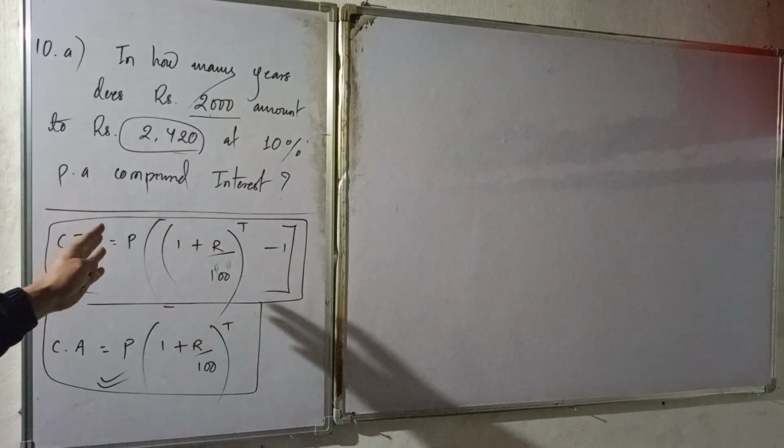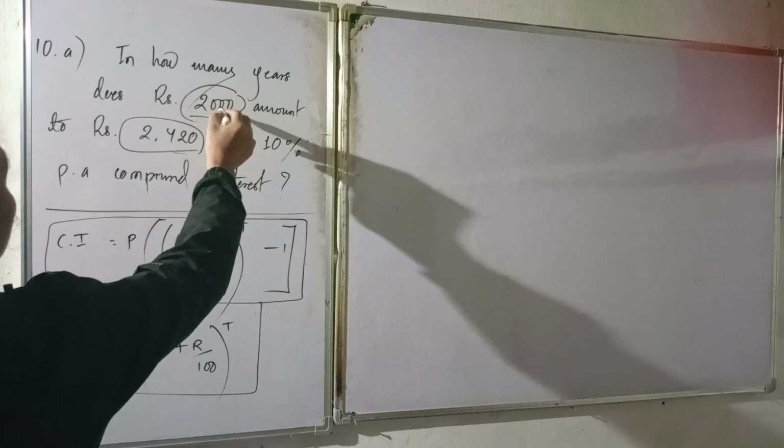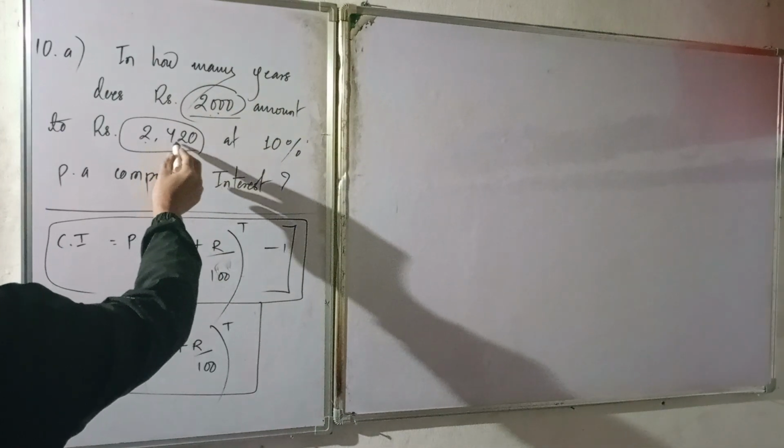So after how many years will this 2000 increase and become 2420?